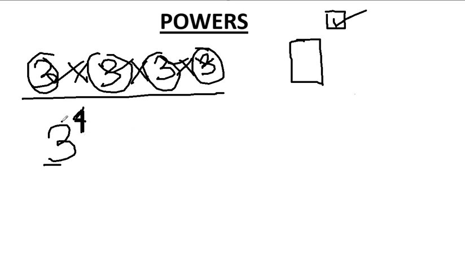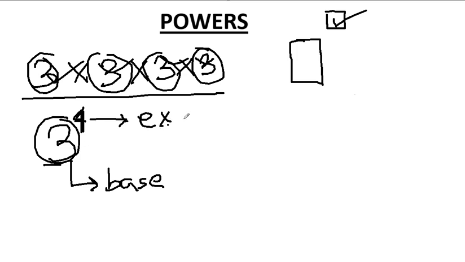Now, this 3 over here, this is called a base. Okay? And the 4 over here is known as exponent. Okay, please check the spelling to increase your mathematics vocabulary.